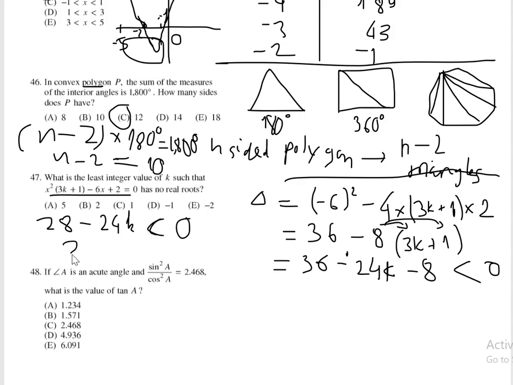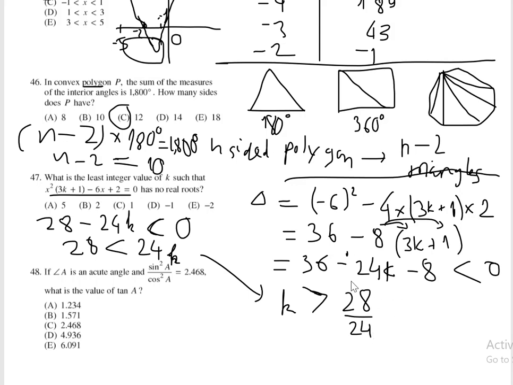Okay, we can move this to the right side, and we find that k must be larger than 28 over 24.